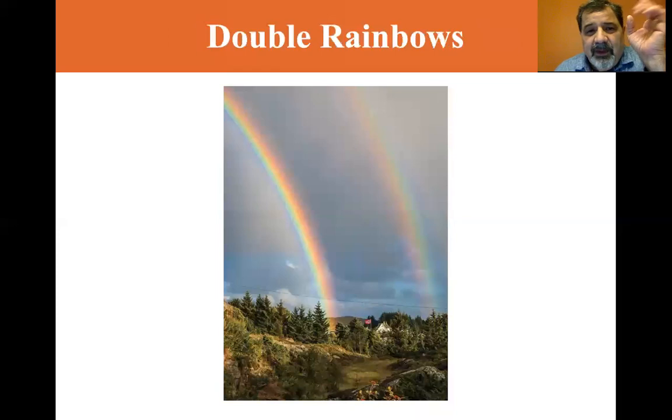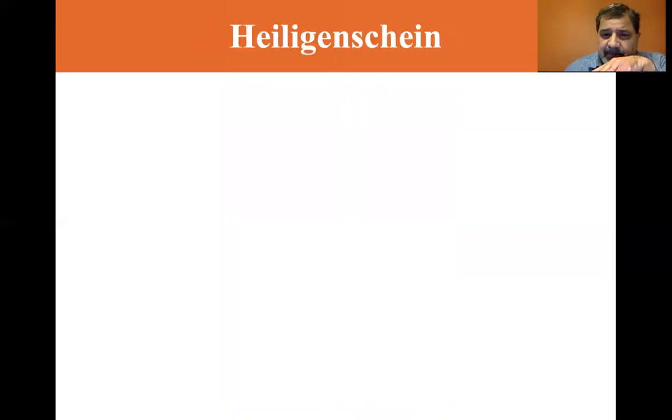With a double rainbow, the incident ray comes in, reflects off the backside, off the front side, off the backside again, and back out. So you get multiple reflections, and it reverses the colors of the rainbow. They're always fainter because you lose some intensity.